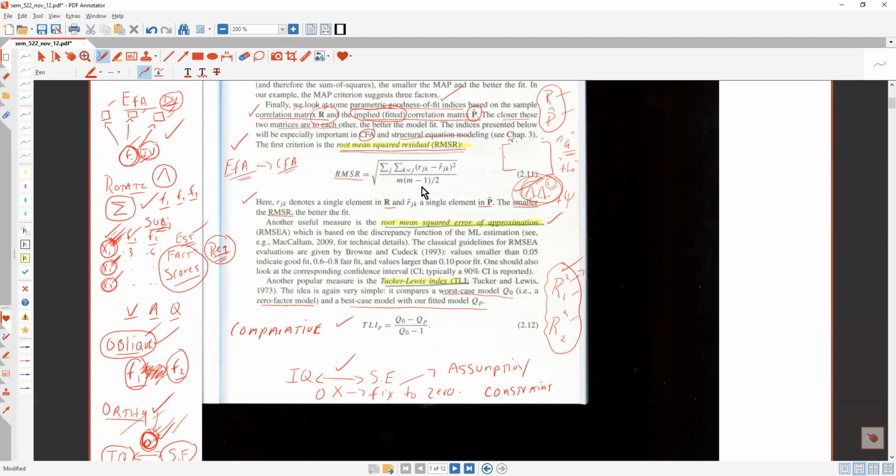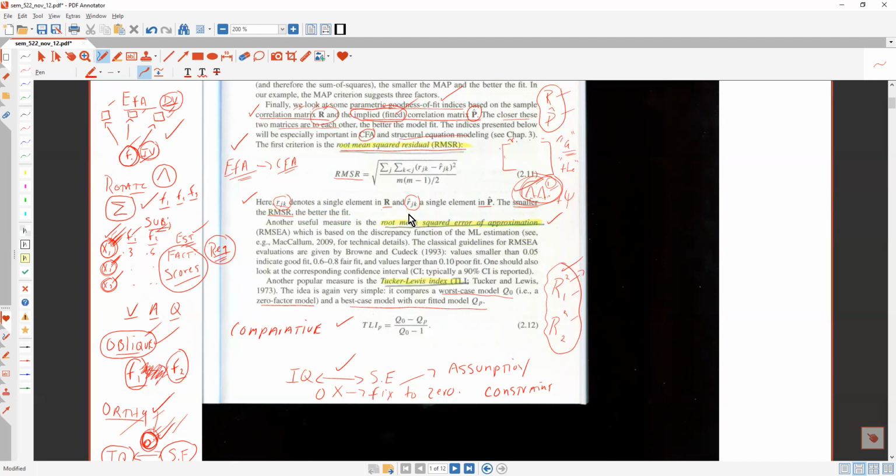So if we look here, we see what this root mean squared residual is up to. R_jk, depending on what position that occupies in your matrix, is a single element in R. That's the thing you're trying to reproduce. Well, there's the predicted value, if you like, or the fitted value.